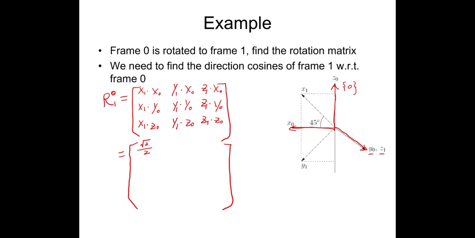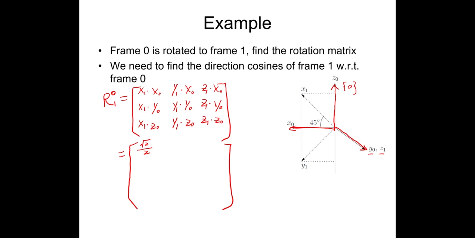It seems like the xy plane of frame 1 is the same as the xz plane of frame 0, so they're going to be perpendicular to the axis y0 or z1.